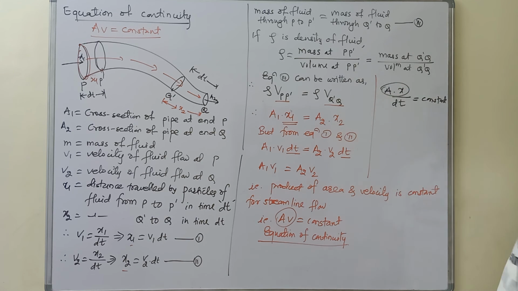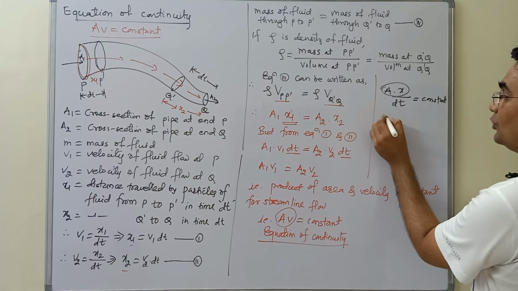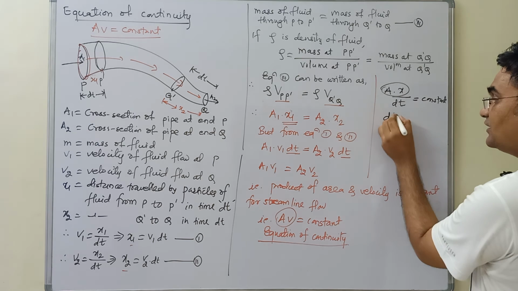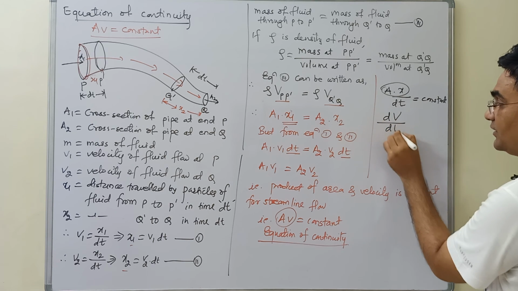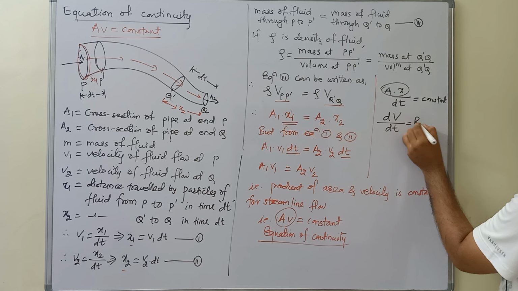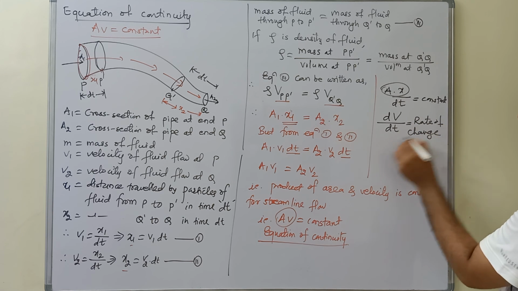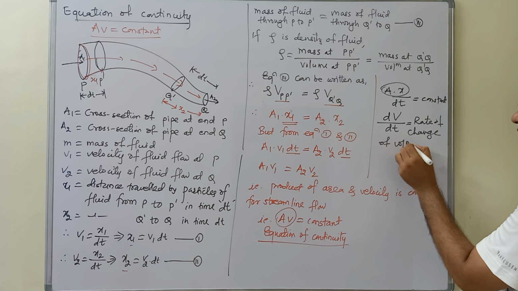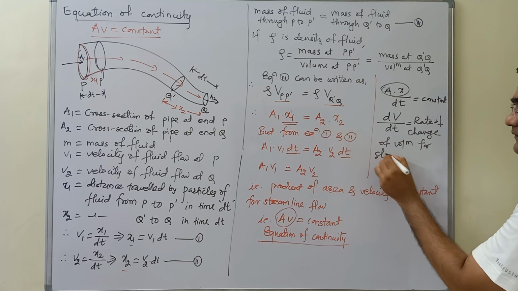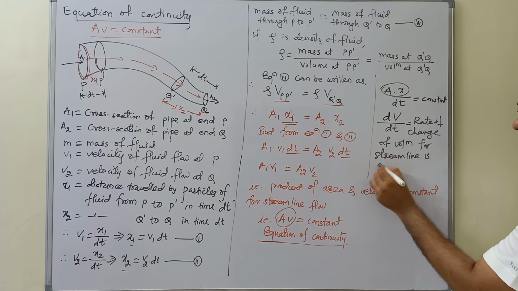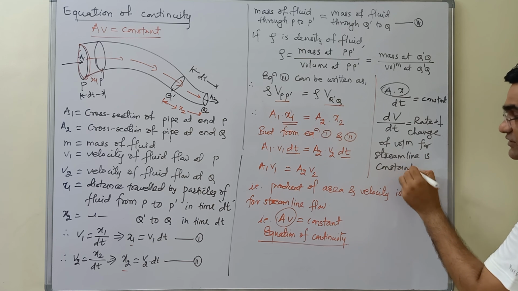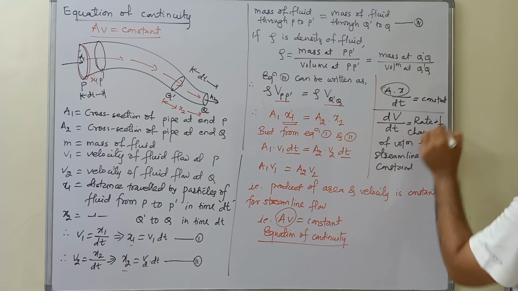So area into distance will be volume. So it is the change in volume per unit time, the rate of change of volume for streamline flow of liquid, which is always constant.